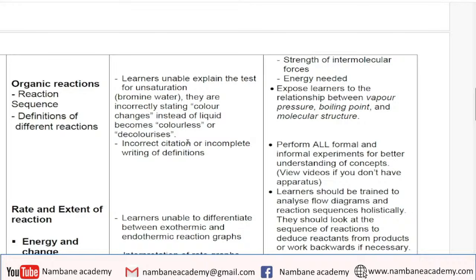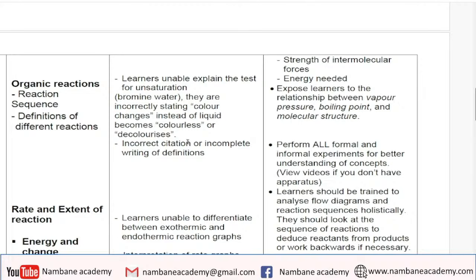Then there is the saturation test. It is a practical that we must do in our schools. So please, whenever you are asked to give the observation, you must talk about what we will see during an investigation or during a practical. And we must then say the solution will become colorless or decolorizes.